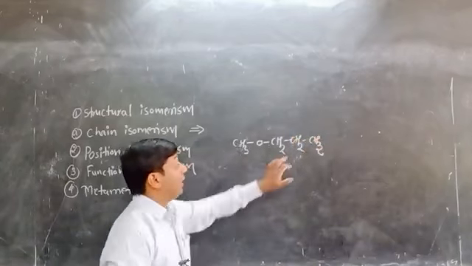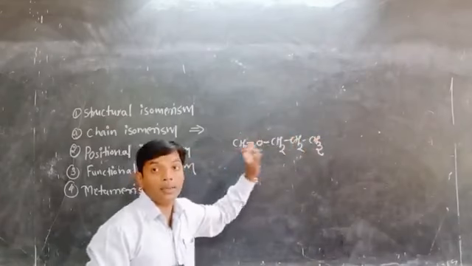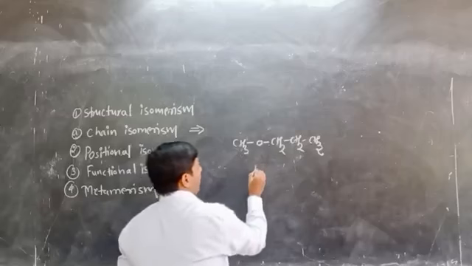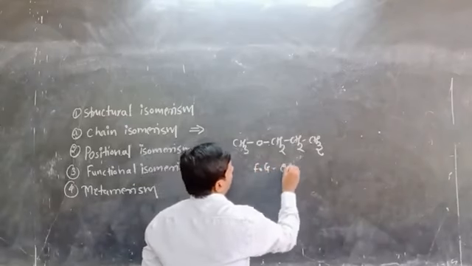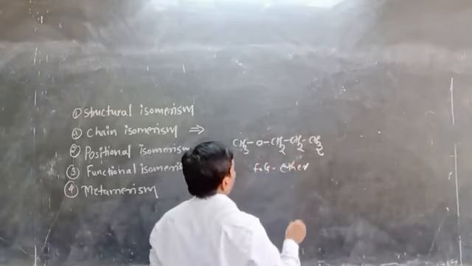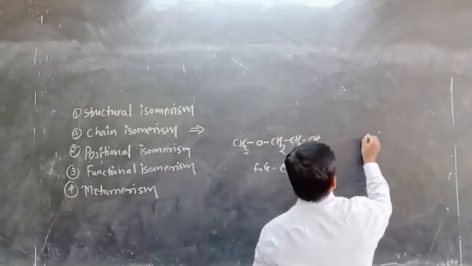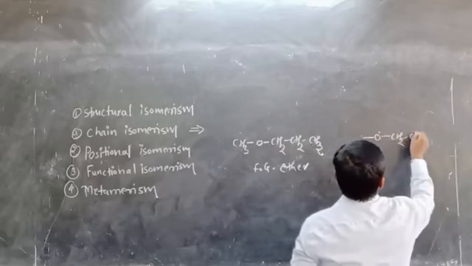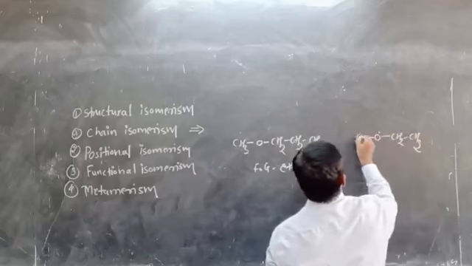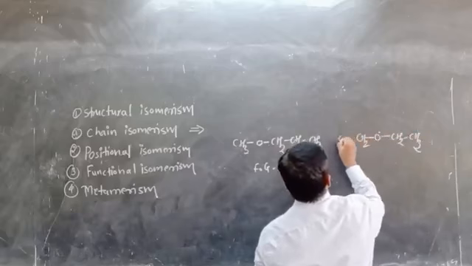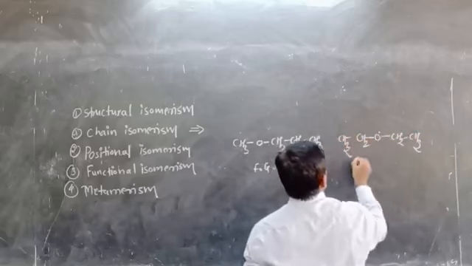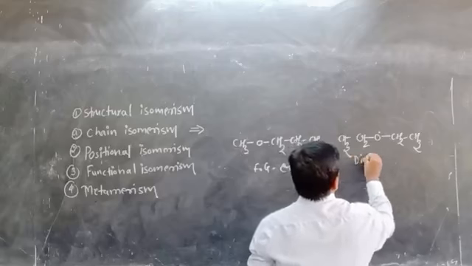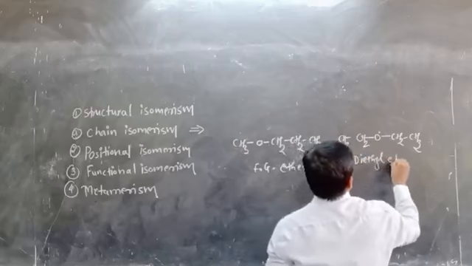This is called ethyl methyl ether. Here the functional group is ether. Its isomer I'll write: oxygen as the ether functional group, with CH2, CH3 on both sides. This is called diethyl ether.